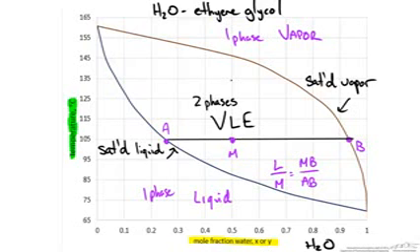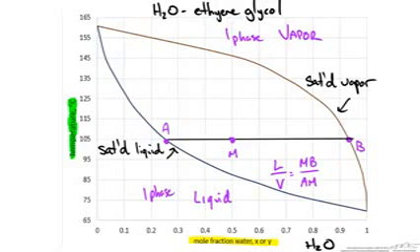This will give us a fraction that is now liquid. We could do the same thing if we wanted to compare L to V, the amount of liquid to the amount of vapor. In this case, it would just be the distance MB over the distance AM.